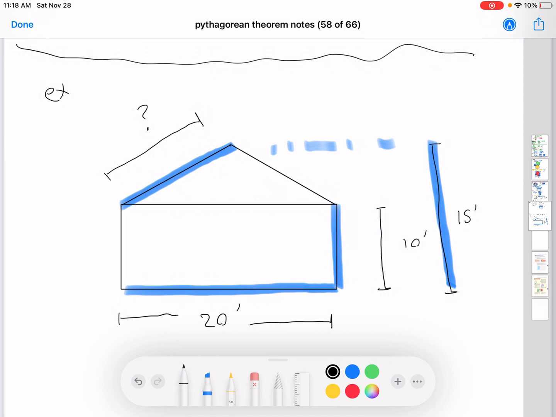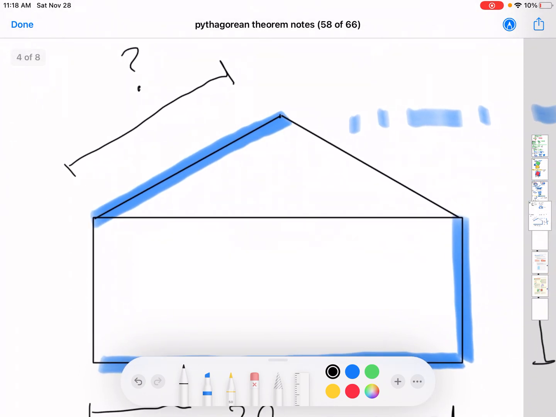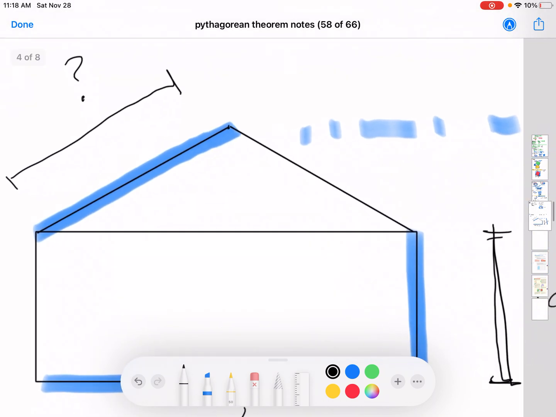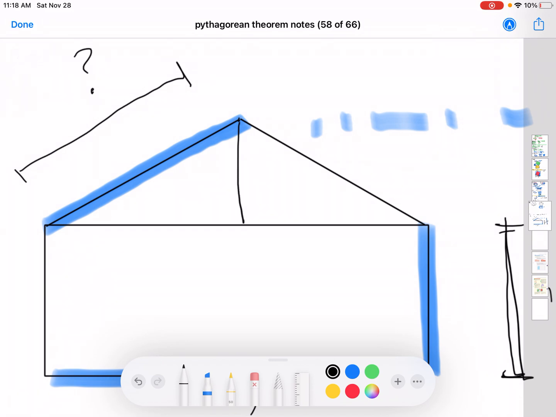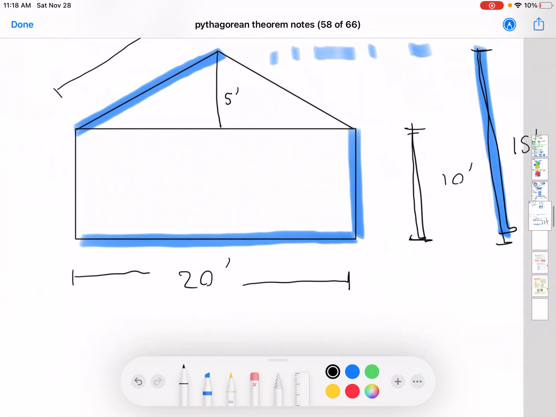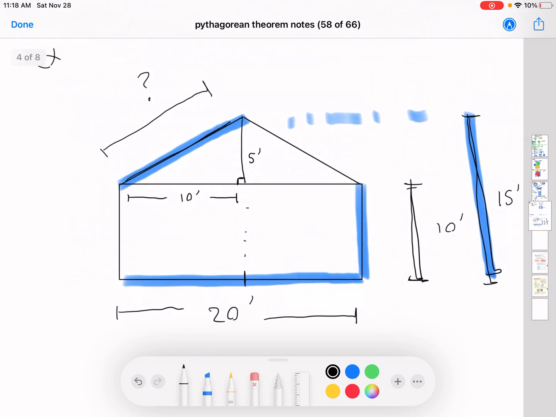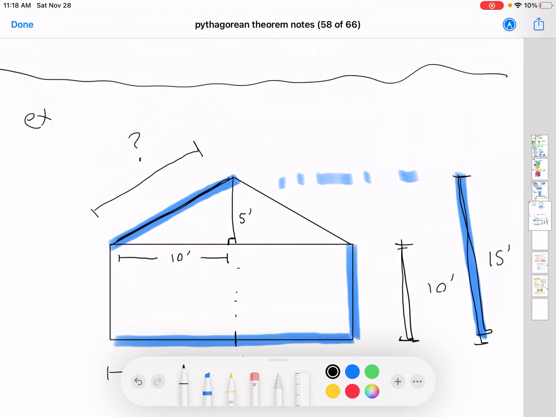This is a right triangle Pythagorean theorem problem. If it is 10 feet to here and 15 feet to here, then the distance from here to here must be 5 feet. And if we are 20 feet overall, and I'm assuming this is a symmetrical house, then this must be 10 feet from here to here. So really, this distance is the hypotenuse of a right triangle. We can say that 10 squared plus 5 squared equals question mark squared.